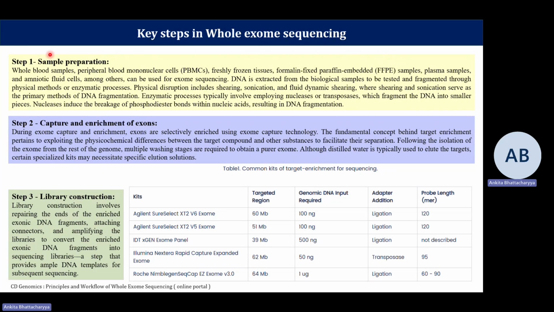Apart from that, you can also use plasma samples, and you can use amniotic fluid cells. Cells from amniotic fluid are usually utilized whenever you are doing some sort of genetic testing for the patient under consideration or for the expectant mother. Along with that, you can also use any other type of cells from which you can extract the DNA.